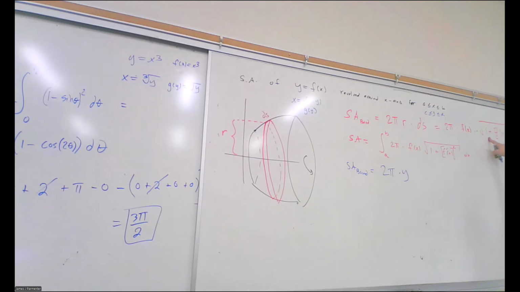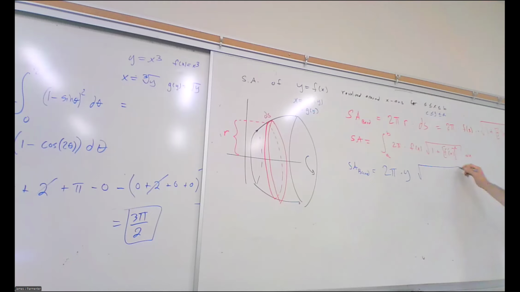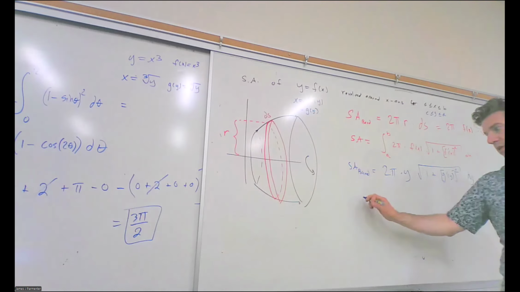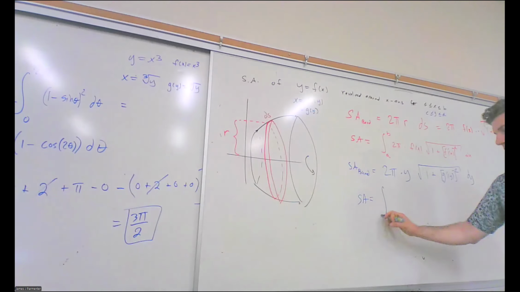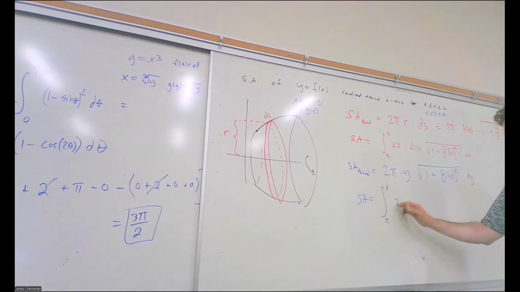And my ds is the square root of 1 plus g prime of y squared. Sometimes in the textbook, instead of writing g prime of y here, they write dx dy, but either way is totally fine. And then your total surface area would be the integral from y equals c to y equals d of 2 pi y square root of 1 plus g prime of y squared. Anyway.